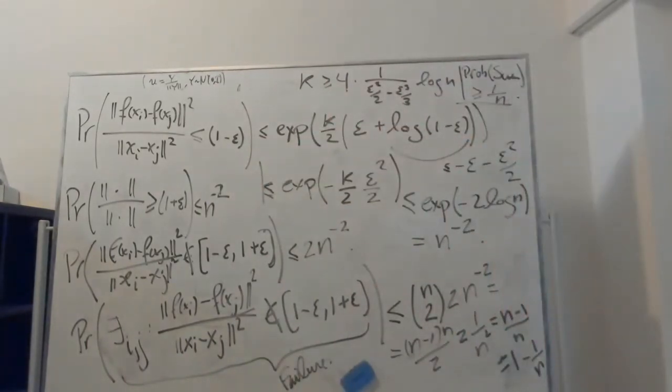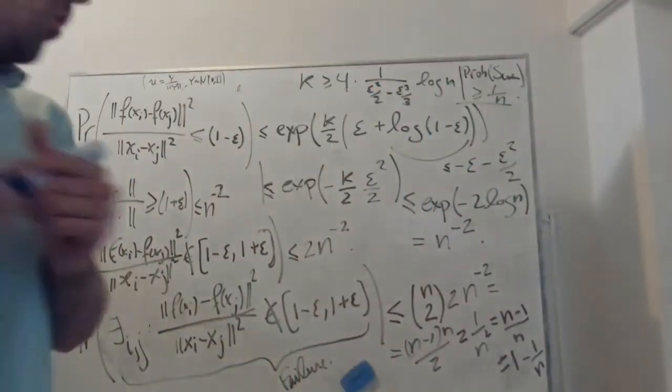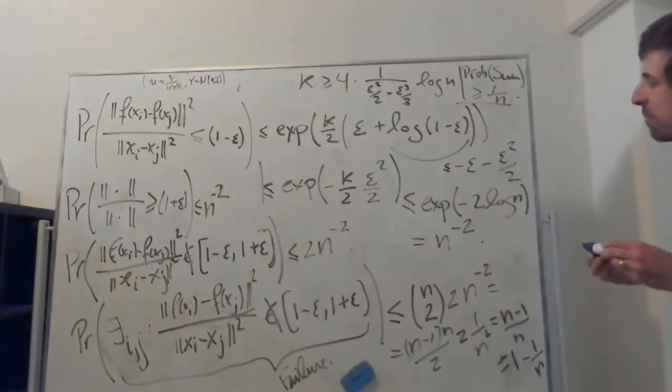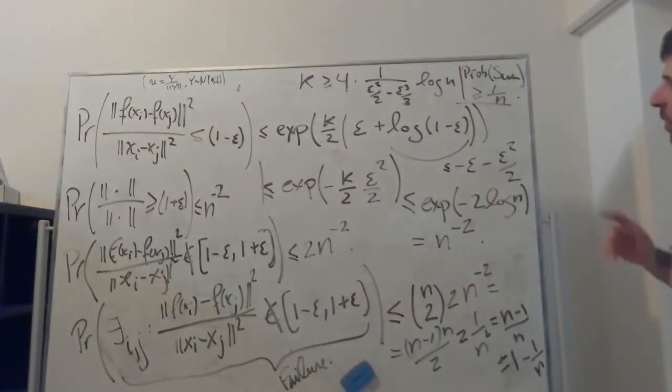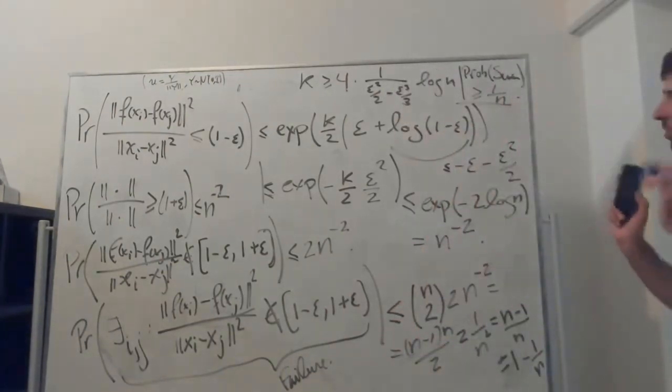But now the point is that this is actually easily improvable, by just asking a little bit more. All we need is a bit better probability, and then we're done. So now I'm going to change the proof just slightly.